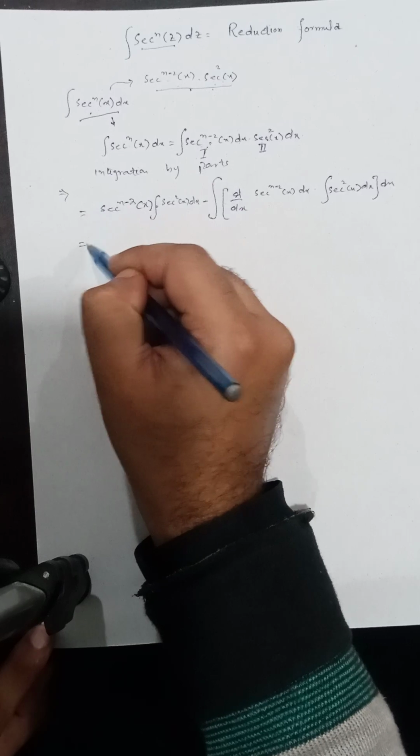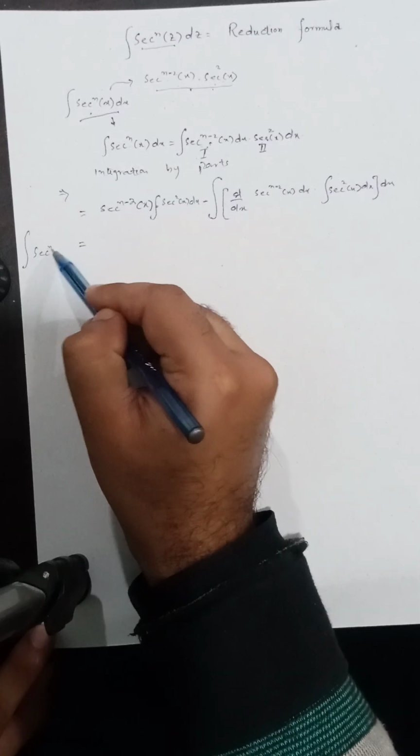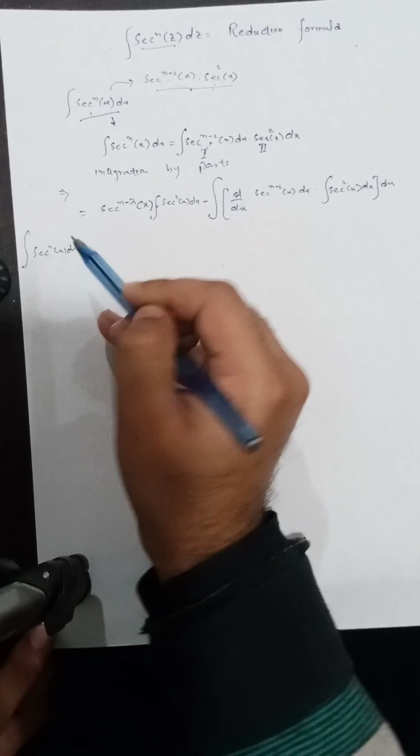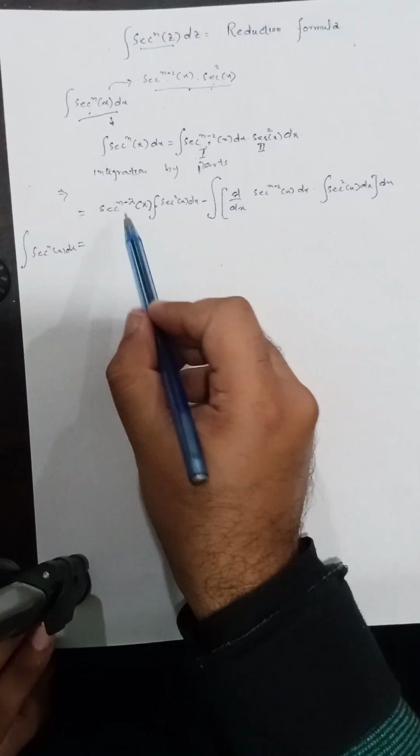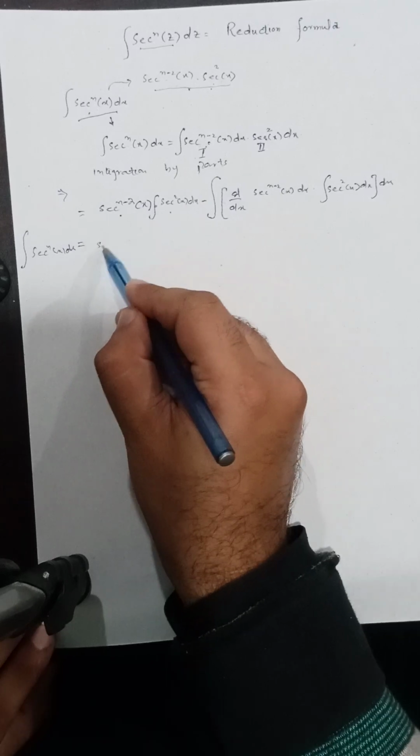Now simplify this formula, and this side is equal to the integral of secant power n of x dx. First function times the integral of the second function.